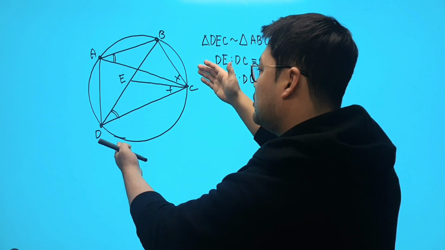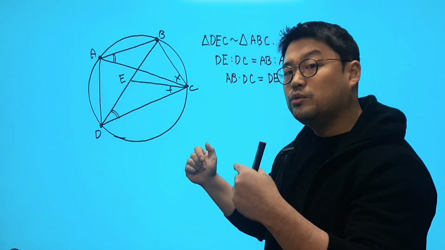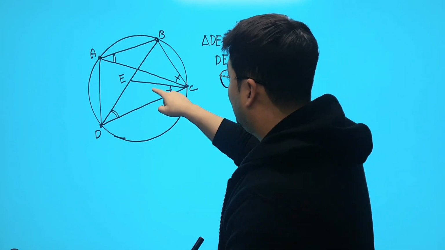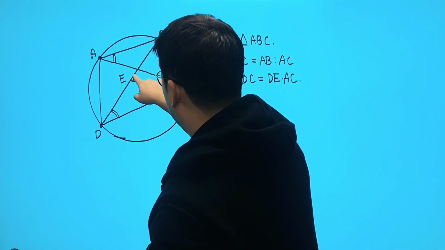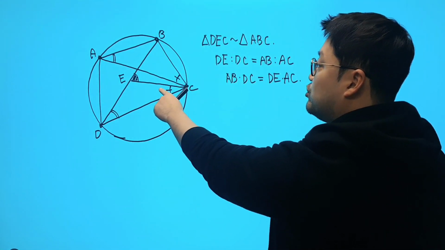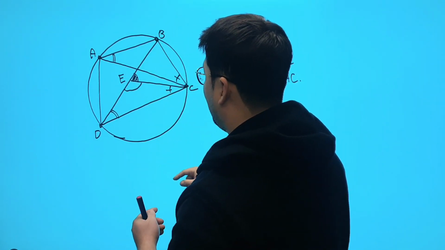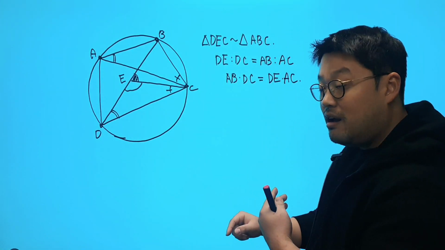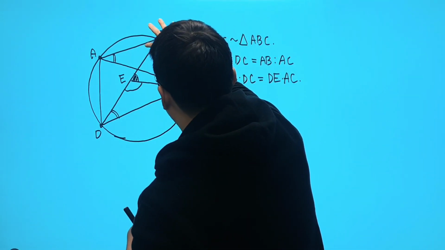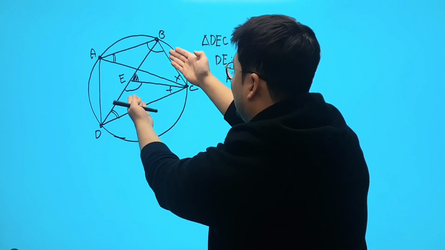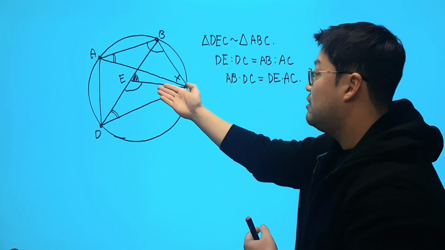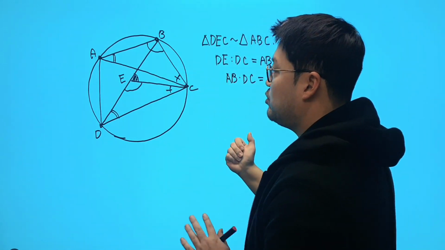Remember, the opposite angles for a cyclic quadrilateral are supplementary. I'm going to argue that this angle that I just drew is supplementary, forming a linear pair with this angle. And I know that this angle is a corresponding angle of similar figures. So we know that these are similar, these are congruent to one another.